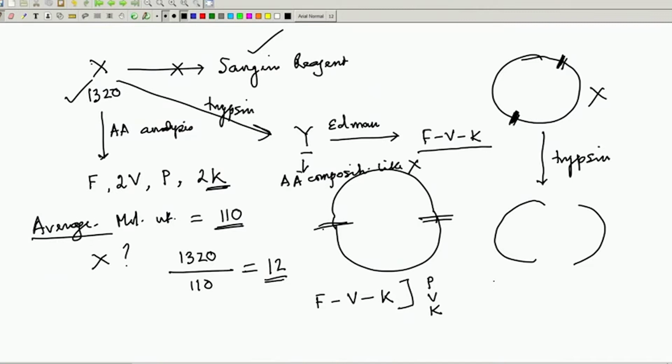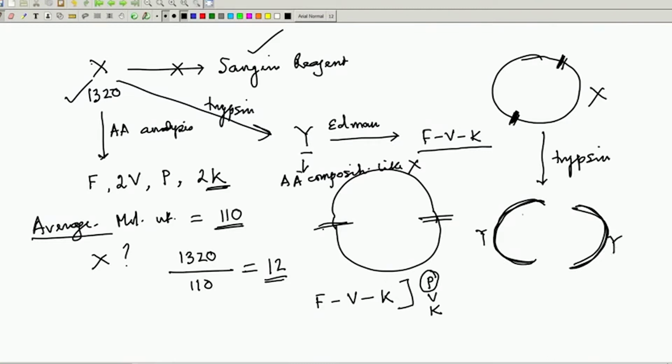There are a lot of permutations and combinations now with P, V, K, but if somebody is very intelligent, he can immediately say that there must be a proline, because there are 2 lysines in Y. The 2 lysines are expected to be cleaved by trypsin, but that is not happening, because Y is only this piece. This is Y, another piece of Y, but both are the same.